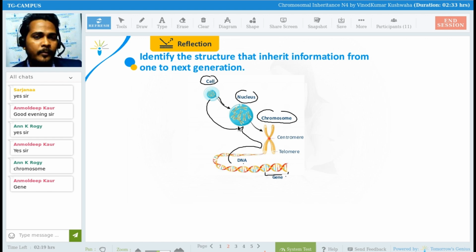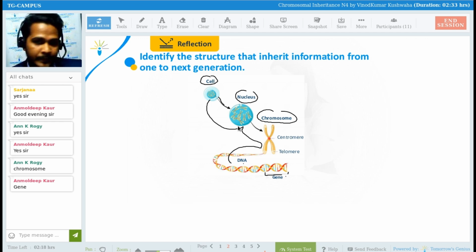But how we are going to prove it in this session: how different scientists worked on these chromosomes and succeeded in proving that the chromosome carries the genetic information that is transferred from one generation to the next.